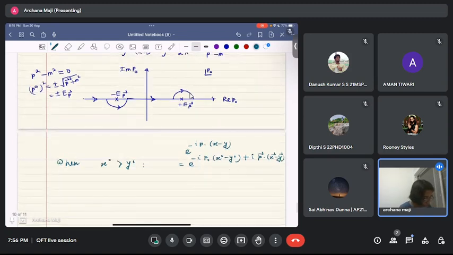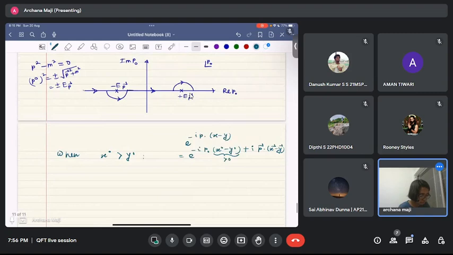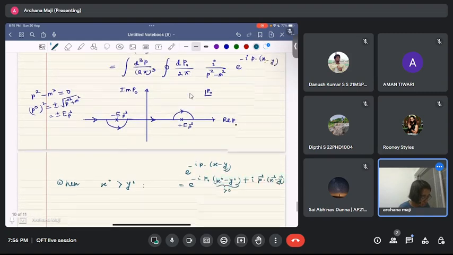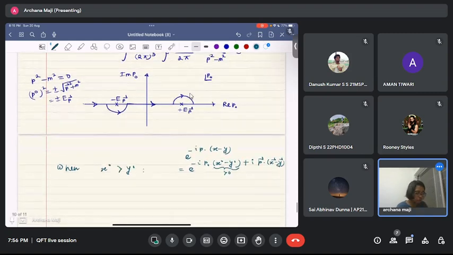Now when x0 is greater than y0, this x0 minus y0 is a positive quantity, greater than 0, and we need to close the contour in that plane where the integrand goes to 0.